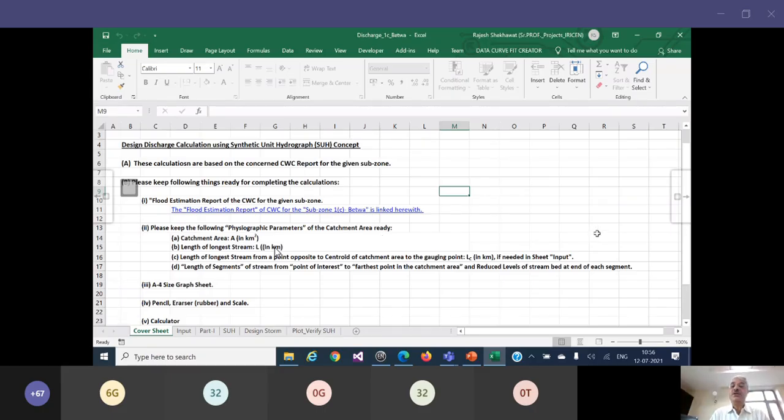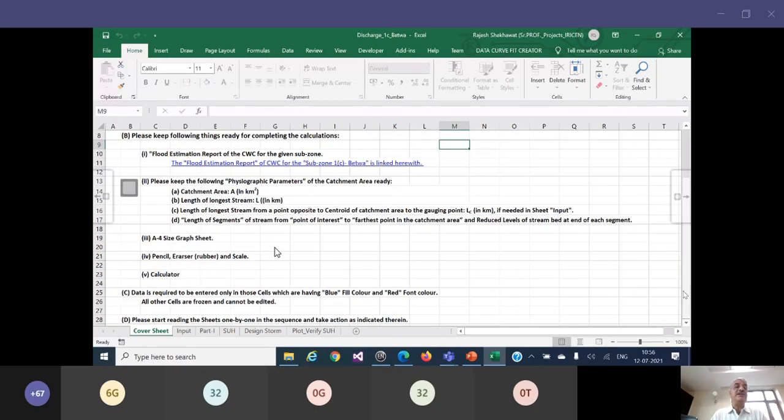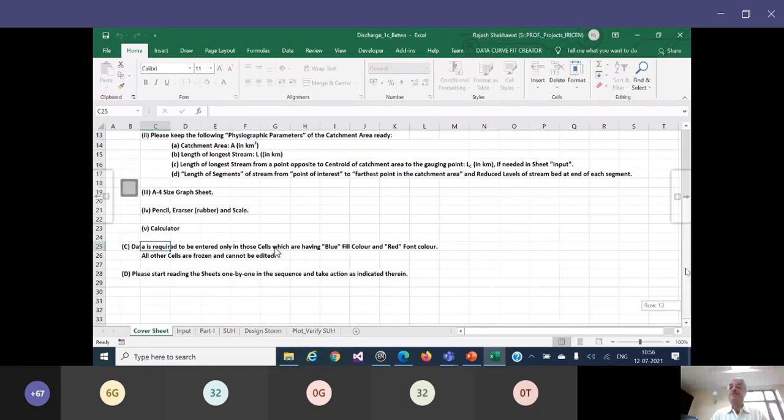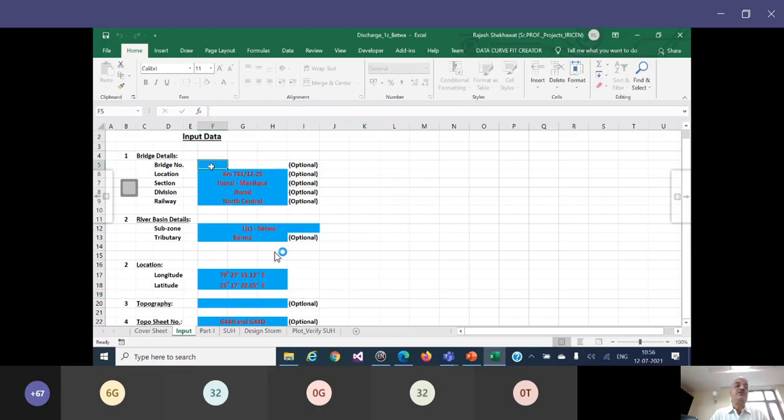Here I have not put that link because we have got it separately. Then it says what you must keep: A4 graph sheet, pencil, eraser, calculator. And then in this spreadsheet, this is locked; only wherever this blue, this sort of thing is there, that is editable data. You can put it there.